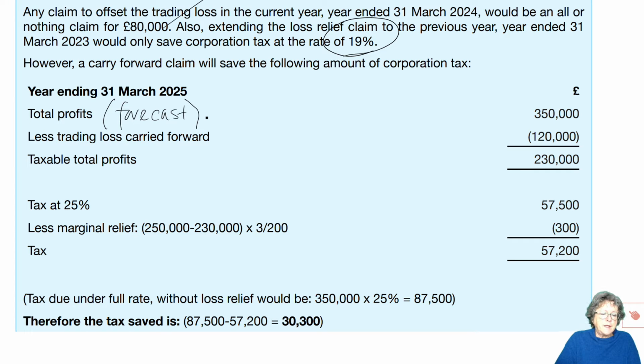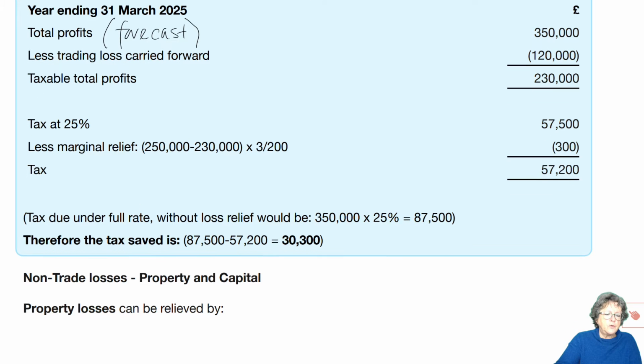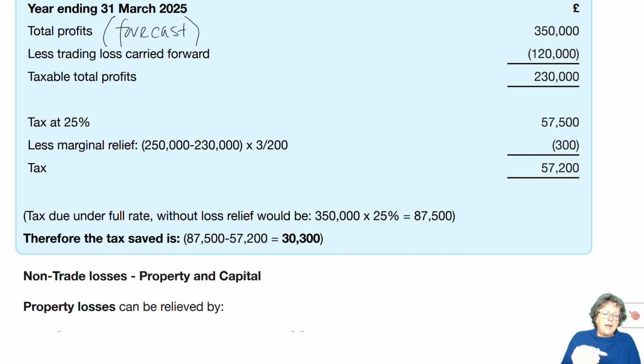Tax at 25% and marginal relief of £300, giving us a tax of 57,200. Now, at the full rate, if we had not put that in, they would have paid that amount of tax.